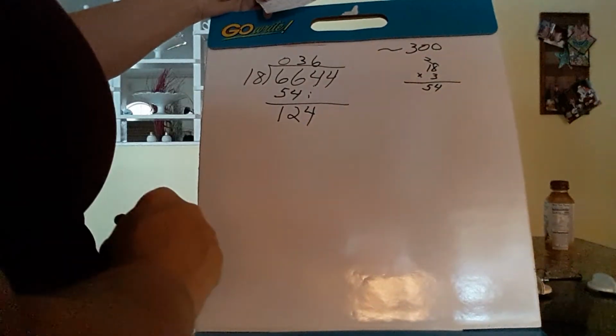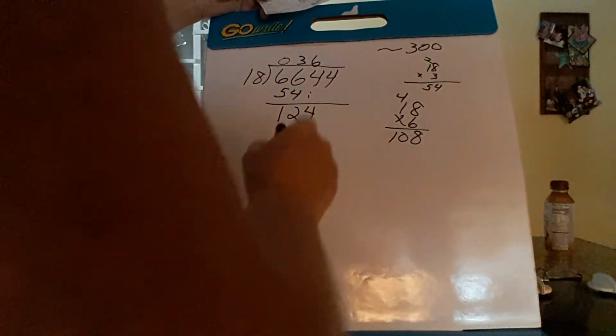Don't get confused with your estimating and your actual multiplication of your divisor and a number for your quotient. So 18 times 6, 6 eights are 48. Okay, and 6 times 1 is 6, and plus 4. So we're doing 108.